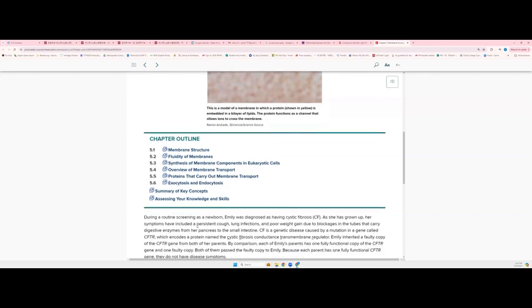Exocytosis is like releasing chemicals from the cell into the outside environment. Endocytosis is like the cell getting chemicals from the outside environment into the cell.